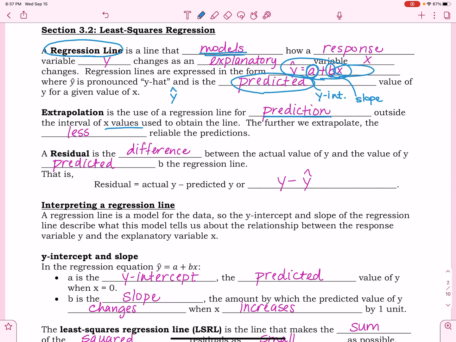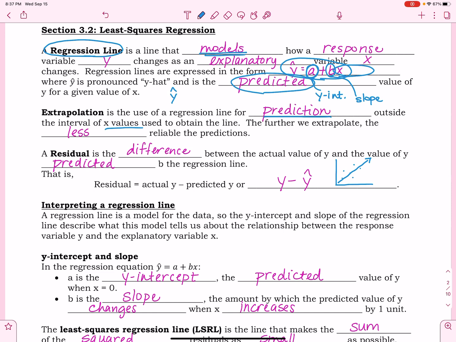So another idea we're going to talk about is a residual. A residual is a difference between your actual value of y and your predicted value of y. So let me give you an idea of what I mean by this. If we look at some ordered pairs, and let's say I create a regression line, I do my calculations, and I get something like that.